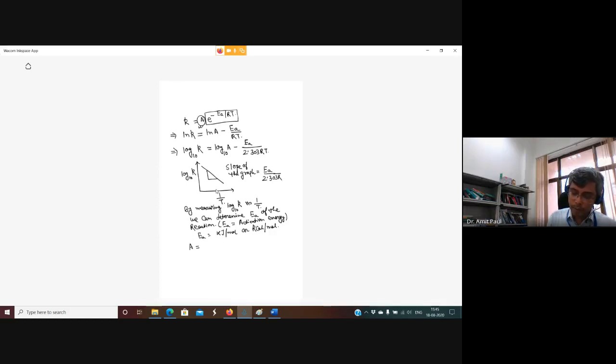For example, for a first order reaction, the value of the pre-exponential factor is about 10 to the power 13 per second. This means that if we don't have a barrier, we could have achieved a rate constant of 10 to the power 13 per second.